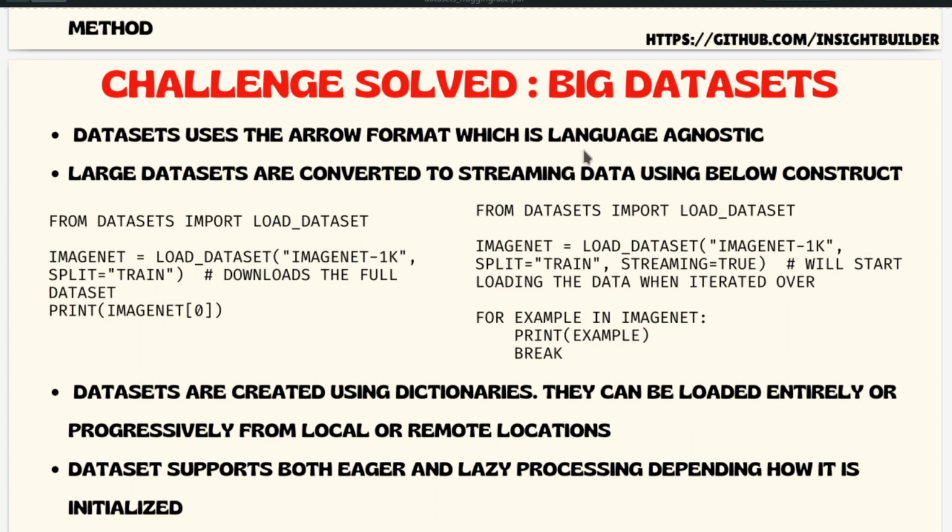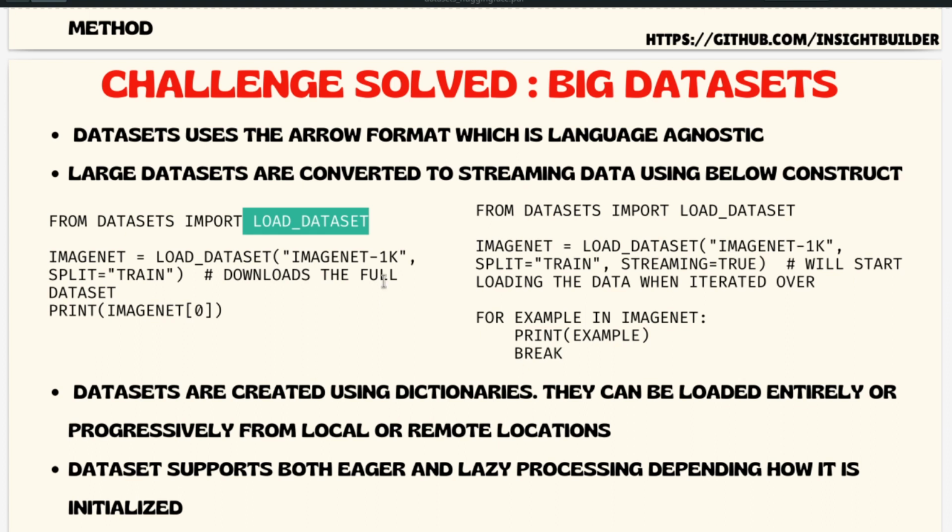For that, the datasets library uses a simple loading method called load_dataset. With this, we directly get the dataset onto our local machine or wherever you're working. There is a concept called cache, which keeps the dataset on disk and does all the transformation there itself. It is not brought into your RAM, random access memory.